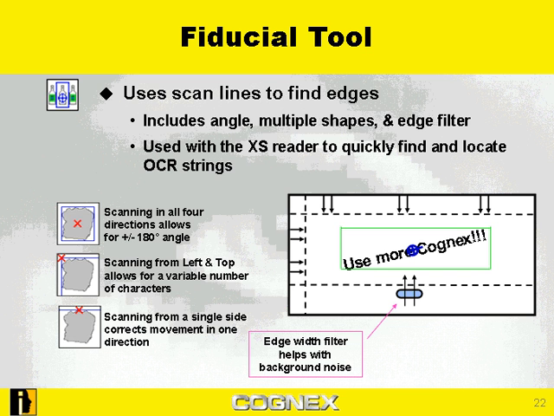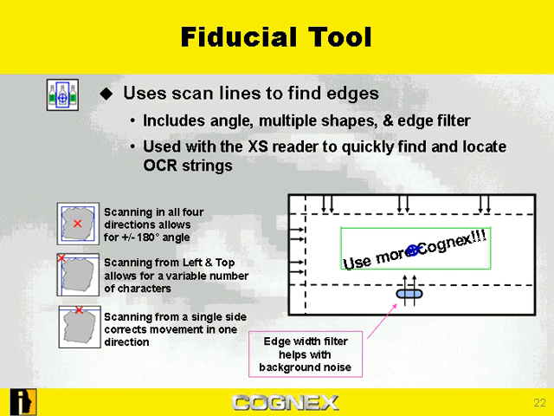Now, however, you can configure the tool to scan in all four directions, as is shown in this top icon here. So in this case, you come in from all sides and locate the outer edge of the part in all directions, and so find out its outer perimeter, and also the angle that it's oriented.